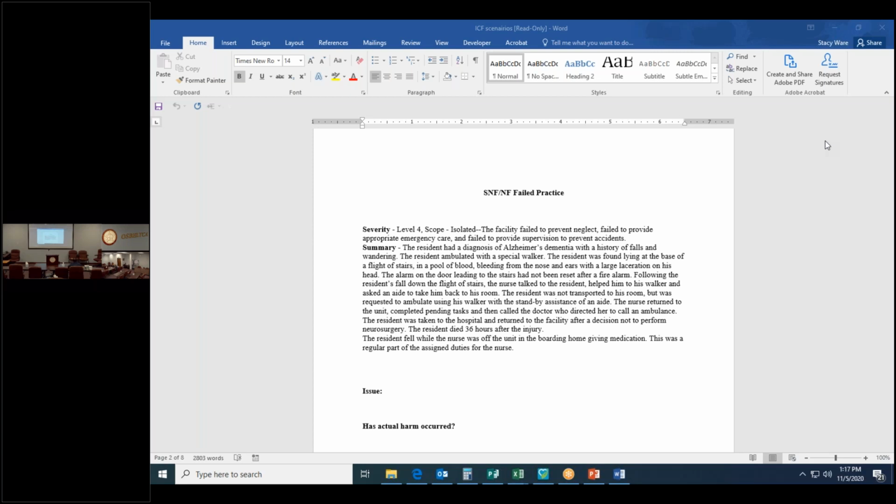First of all, the biggest concern that I have is the fact that we actually had him ambulate back to his room. But the true issue is the door alarm not being reset.